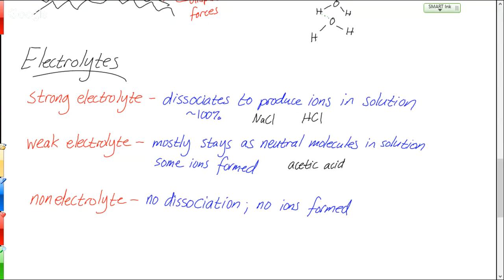There was also one of the antacids, like the milk of magnesia, which just lit the light up a little bit, and that is because a lot of that is staying together, some of it is breaking apart. And then the non-electrolytes are the molecular compounds that don't dissociate, don't produce any ions at all. So things like sugar. Sugar still dissolves in water, but it doesn't break apart when it dissolves. It stays as a whole molecule. The other water molecules just surround it.